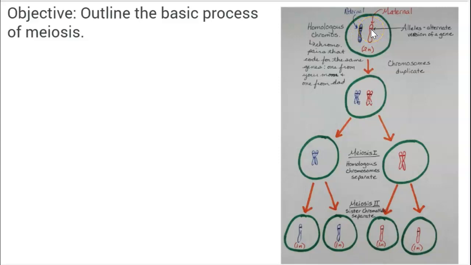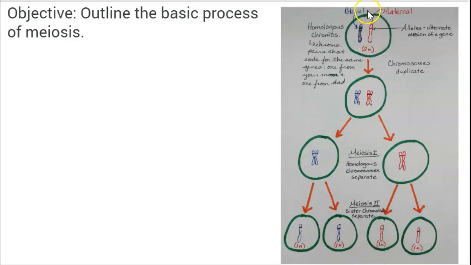Then depending on the dominance of those particular genes, you get a specific phenotype, which we'll talk about later in the course. But just consider that the chromosomes are coding for specific proteins, a gene is what codes for a specific protein, and an allele is just a different version of that gene.